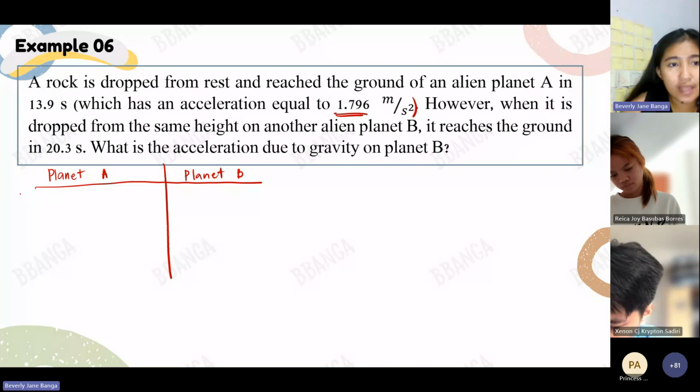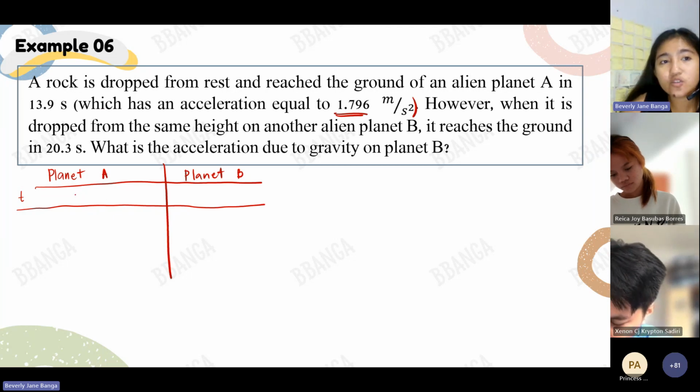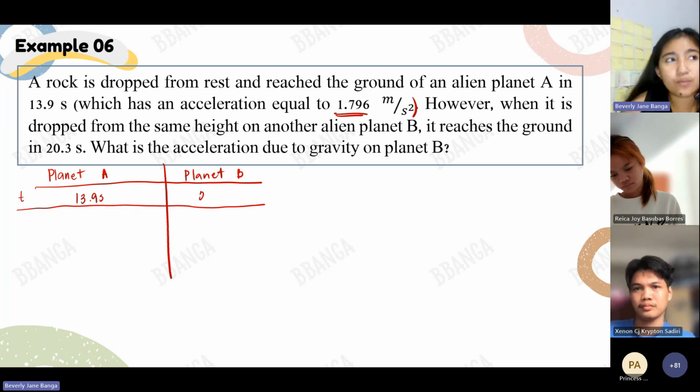So, alam natin yung time, no? Yung time for the rock to reach the ground in planet A is 13.9 seconds, and in planet B, it's 20.3 seconds. And then, ano pang alam natin about the problem?